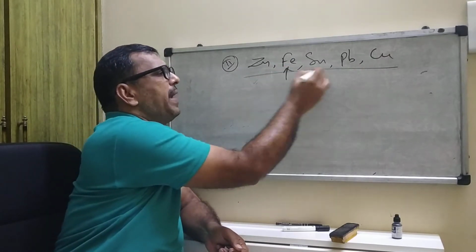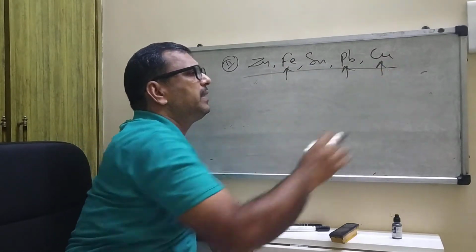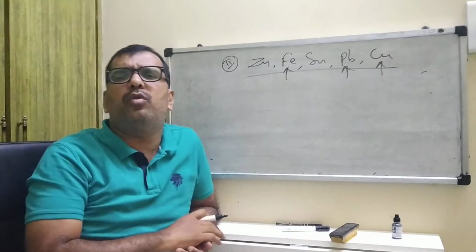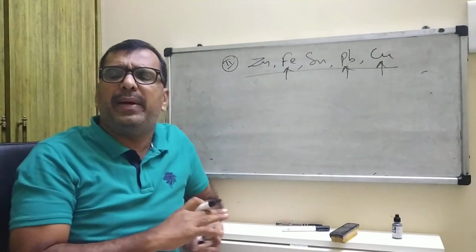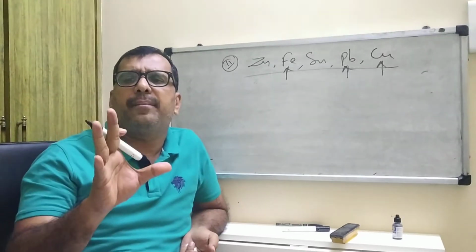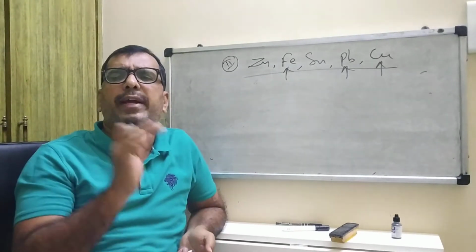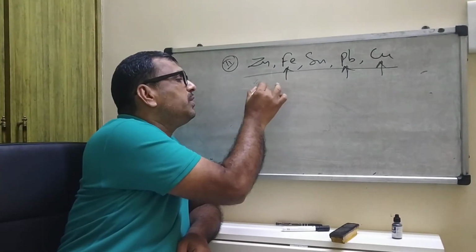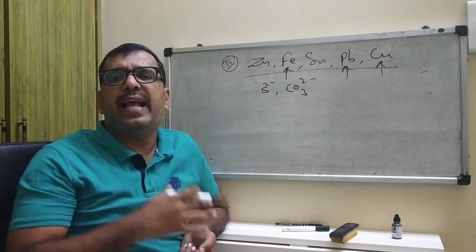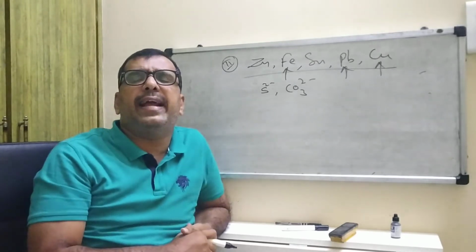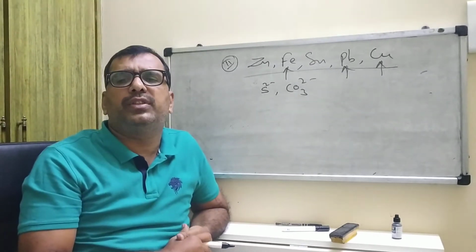Now we are going to extract these metals from their respective ores. Generally, these metals occur in their respective sulfide ores or carbonate ores.